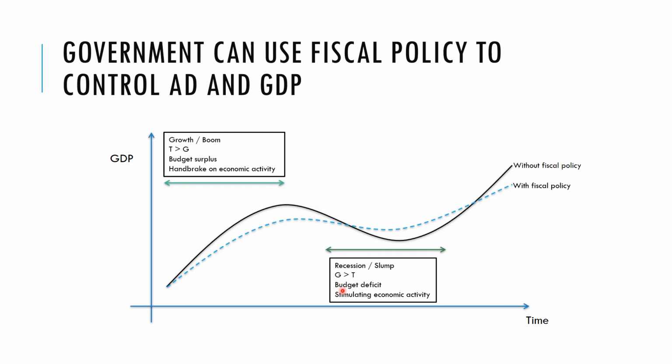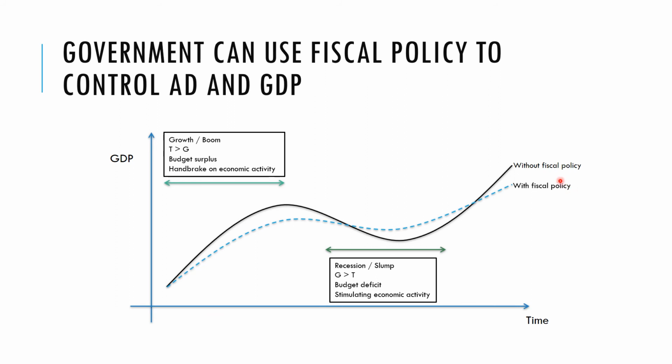Now, that would lead to a budget deficit, which would be a net injection into the economy. We've got more government spending and less taxation. So actually, if the government runs a budget deficit, more money is coming into the economy, which would increase the level of GDP. So what we can see is that fiscal policy helps smooth GDP over time.